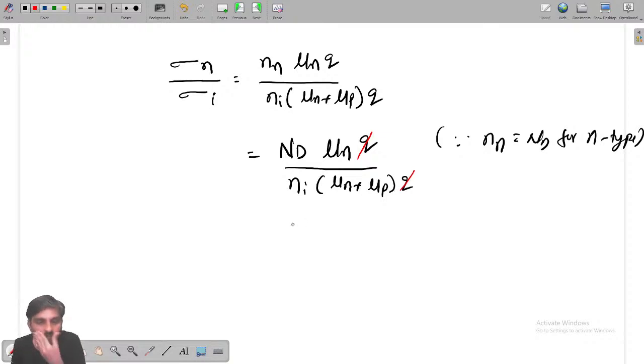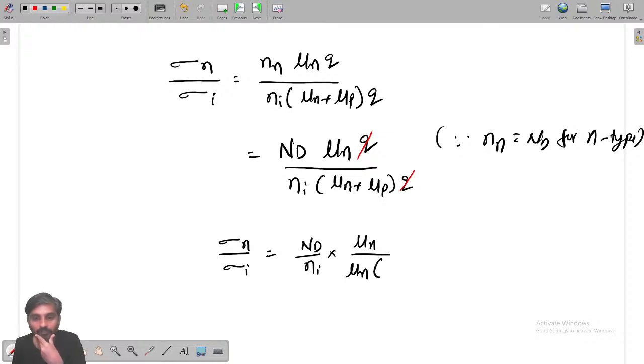Sigma n by sigma i is equal to Nd by Ni. Take mu n common: this is going to be 1 plus mu p by mu n.